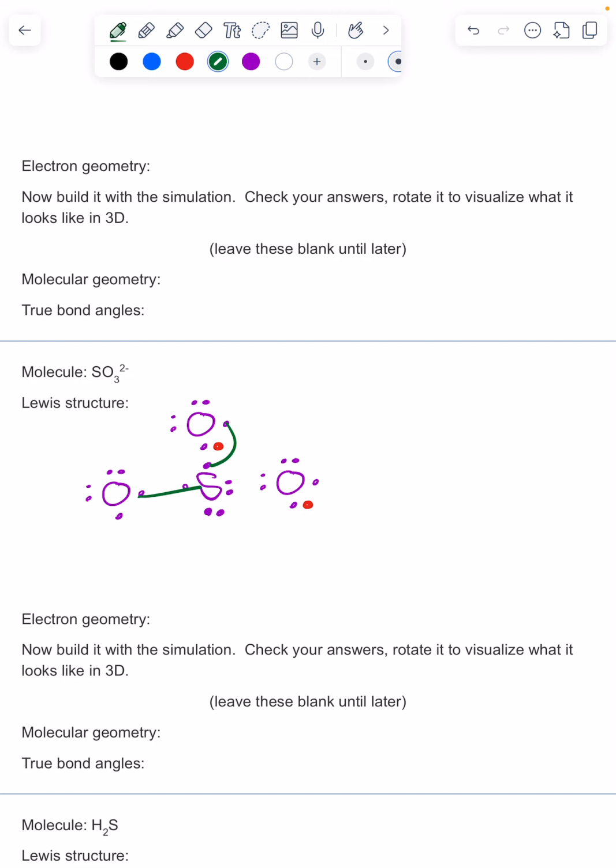Okay, so I have no other choice here other than to go ahead and split up one of these pairs. I guess the other choice would be that I give it to one of the other oxygens, but that's going to mess up the formal charge.